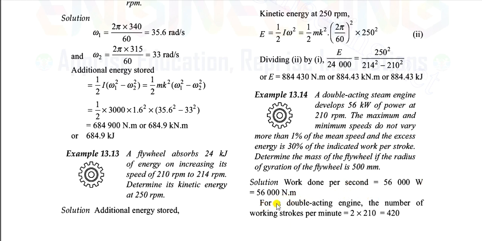Now we should know how many strokes a double acting engine will complete in 1 minute. If you remember, because this is double acting, both strokes, from inner dead center to outer dead center, and outer dead center to inner dead center, are working strokes.